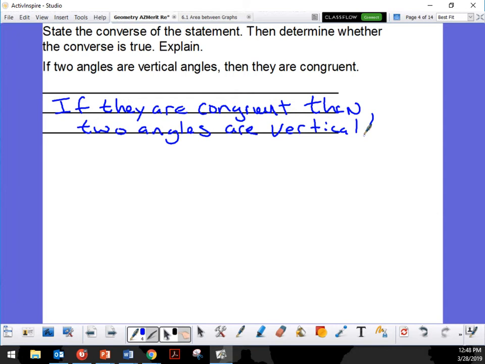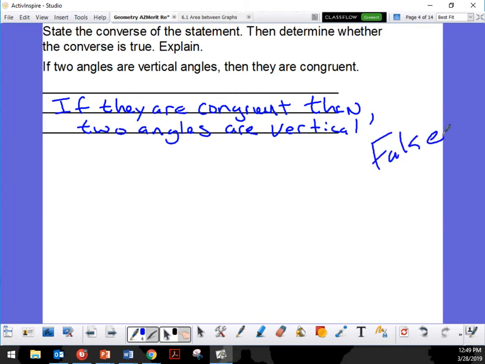No. Could there be congruent by any other means? Okay, yes, it could be corresponding. It could be alternate interior, right? Alternate exterior. Okay, so this one is going to be false.